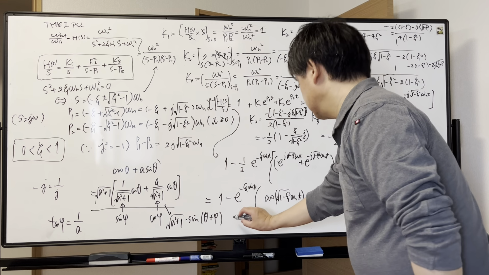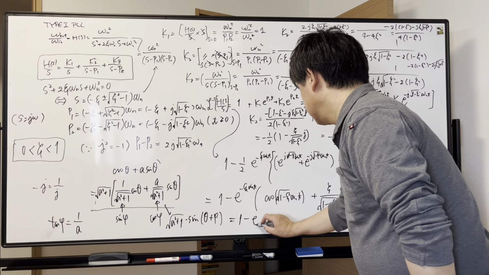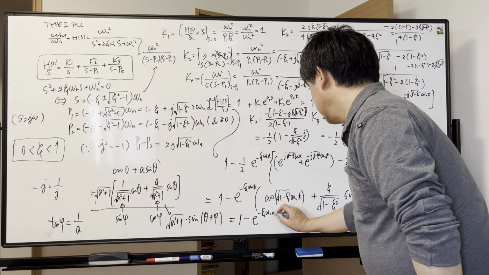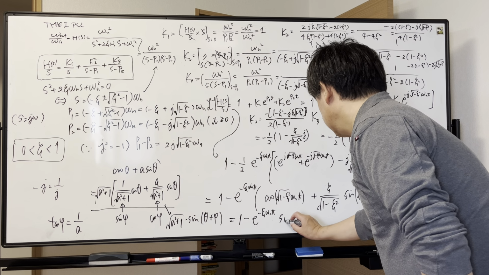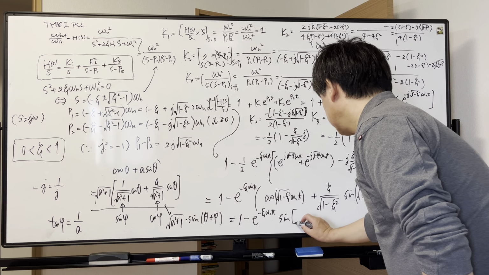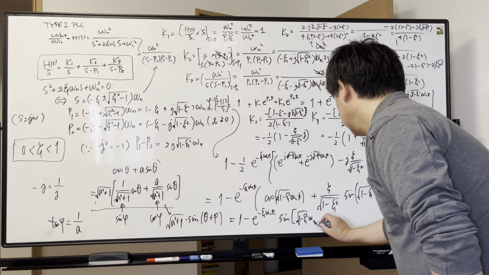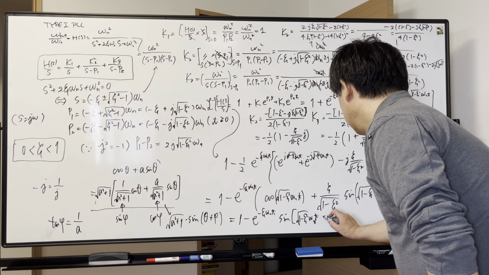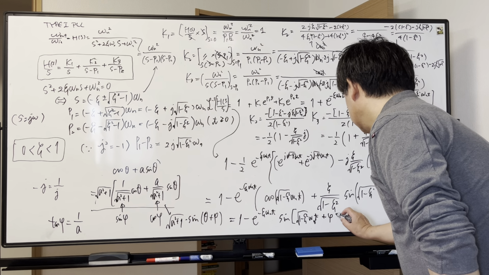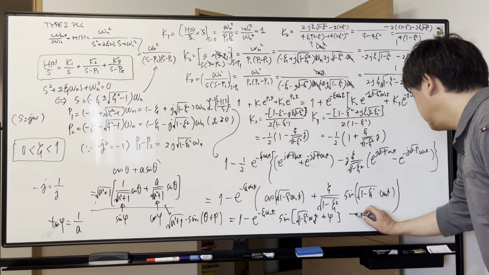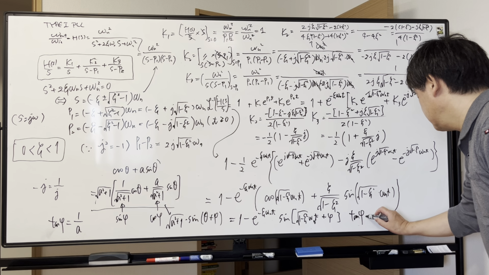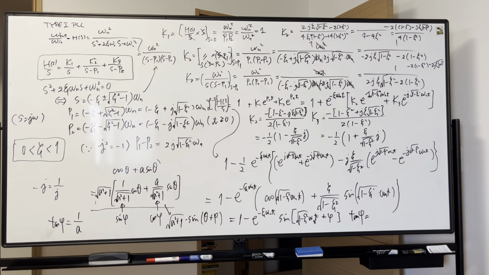So we can simplify this like this: sine of square root of 1 minus zeta square omega n t plus phi, where tangent phi equals 1 over a. What is a?